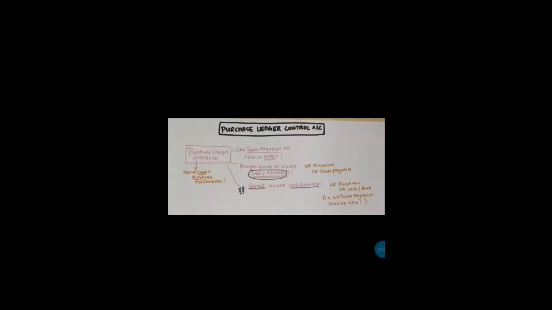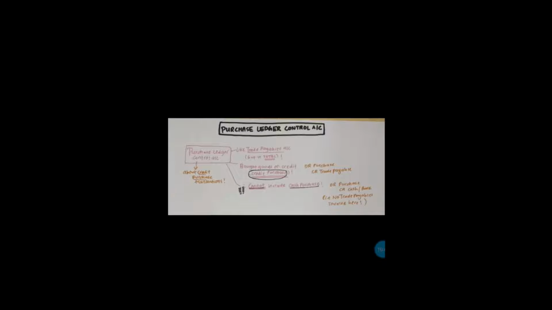So purchase ledger, you just need to remember the sales ledger control is the same as the trade receivables account. Then you will be able to do it. So this is the purchase ledger control account. Just now, sales ledger is when you sell on credit.